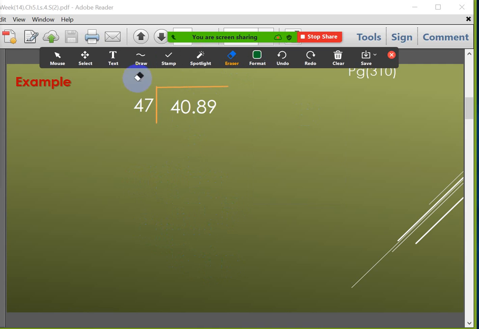Now I want to divide here 40.89 by 47. Here I want to divide a decimal number by a two-digit whole number.